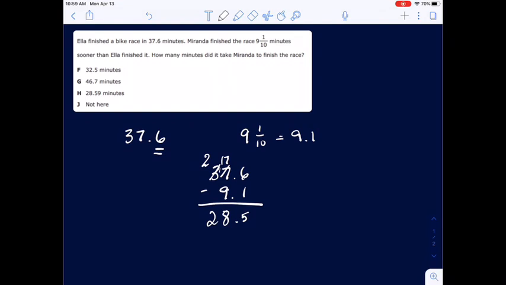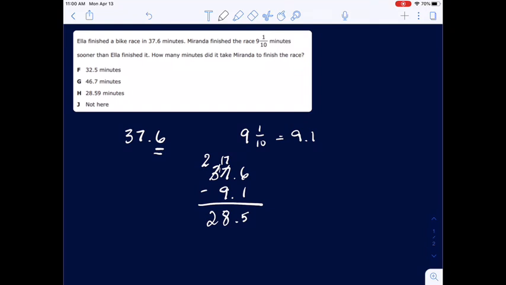It can't be, because if Ella finished at 37, if we just round and say 38 minutes, and Miranda finished at 9 minutes, even if we said 10 minutes to make our life easy while we're just thinking about it, I can't add those two things together or subtract them and get 32 minutes. So we know it can't be F.